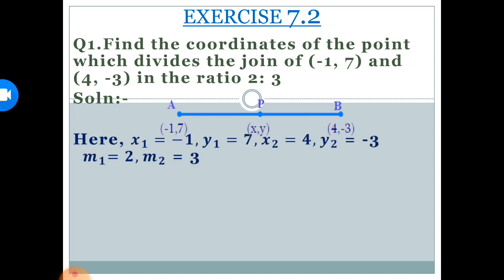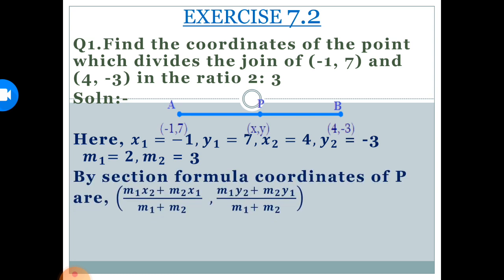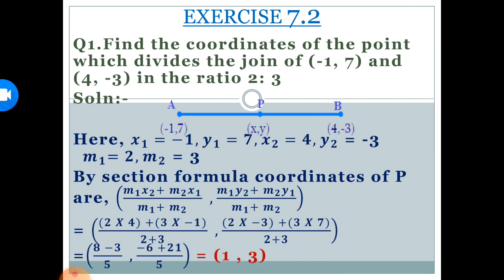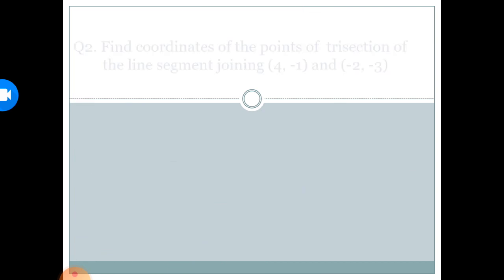So here we can see that the value of x1 is -1, y1 is 7, x2 is 4, y2 is -3, M1 is 2 and M2 is 3. So we can put in the section formula for finding out the coordinates of P. So putting the values of x1, x2, y1, y2 and M1, M2, we get the coordinates of P are (1, 3).